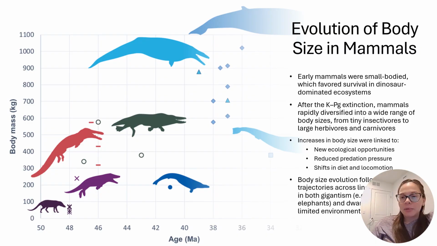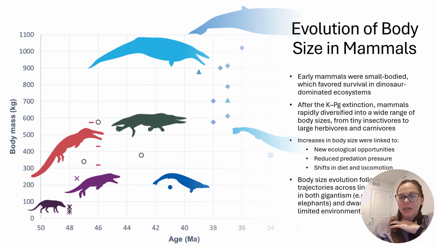Early mammals were small bodied, which helped them survive in dinosaur dominated environments and supported burrowing and nocturnal lifestyles. After the K-Pg extinction, many ecological niches became available, allowing mammals to evolve a wide range of body sizes, including large herbivores and carnivores.